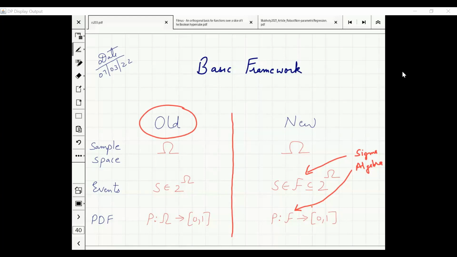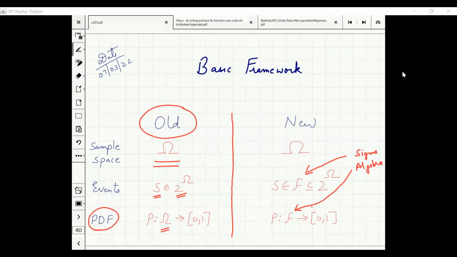The idea was all the distinct outcomes were in a sample space, and then any event was any subset of the sample space. So every subset of the sample space was a possible event. And then the probability distribution function was from the sample space to [0, 1].